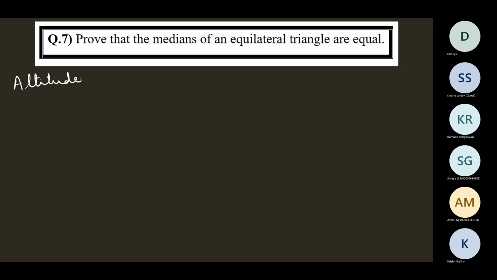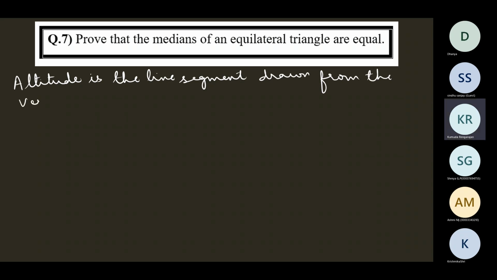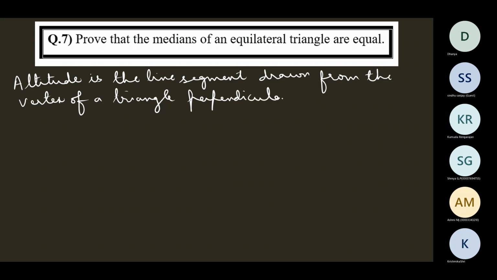Altitude is the line segment drawn from the vertex of a triangle perpendicular to the opposite side.